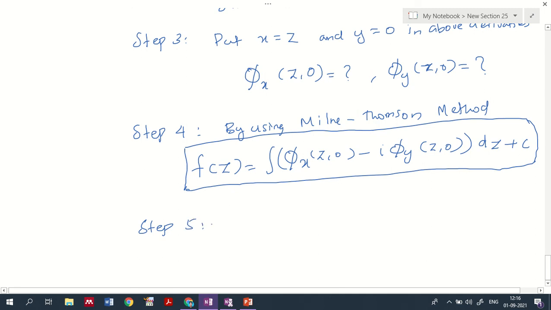So that is step 5: find the imaginary part from the function. Because we already know what u is, we can easily find out what the associated v will be. So, to avoid confusion, just note down all the steps here.